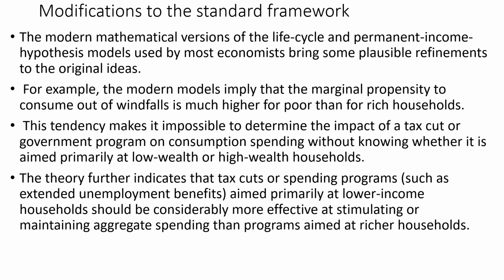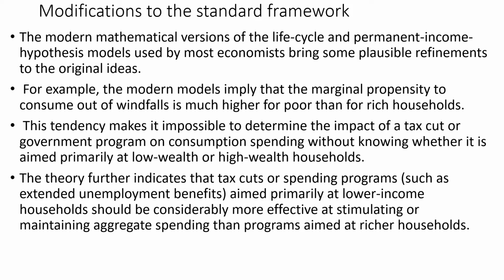For example, the modern models would imply that the marginal propensity to consume, or the MPC, out of windfall gains is considered to be much higher for the poor than for the rich households, right?